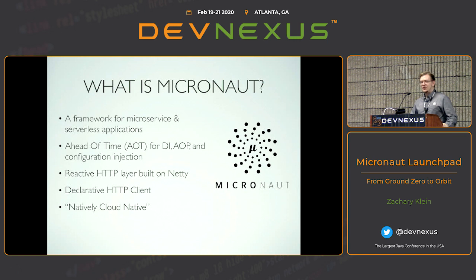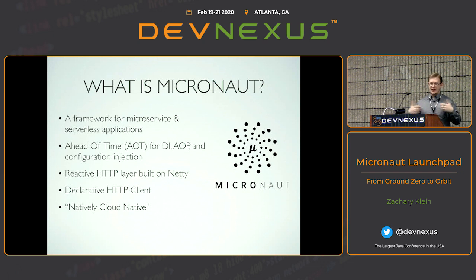And the phrase we like to use when we're describing Micronaut is that it is natively cloud native. What that means is that it assumes that it's running in a distributed environment. And there are features baked right into the API, to the core framework, that handle very common scenarios that happen in a distributed environment. Things like retryable, things like circuit breakers, things like load balancing.